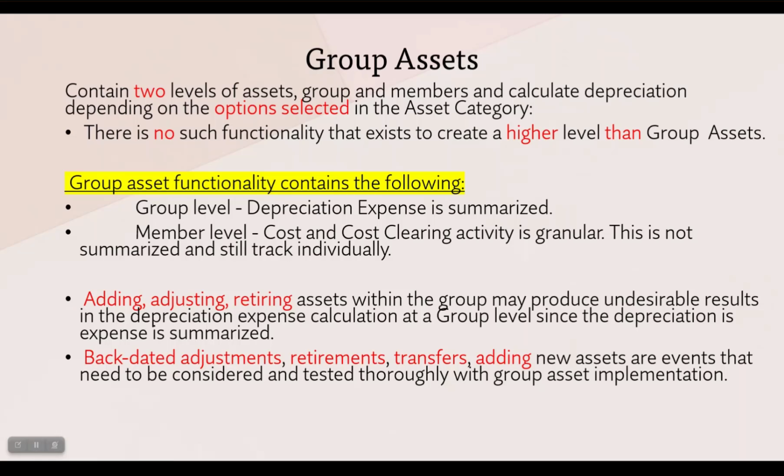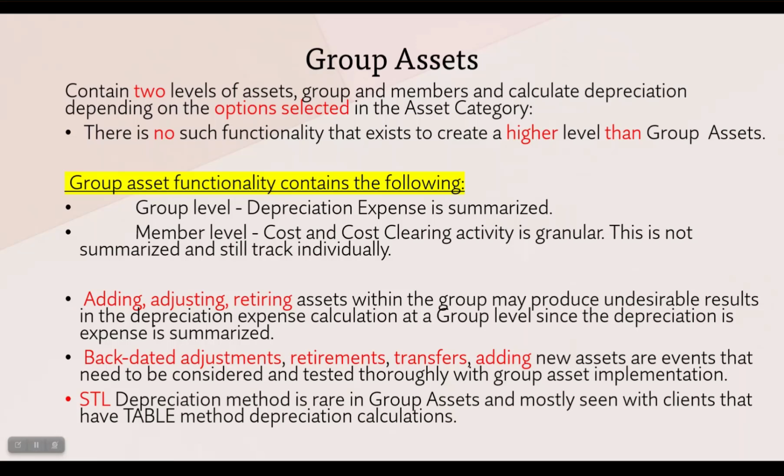In some cases, you may find undesirable results during your new addition, adjustment, or retirement of assets. So you have to take care of this. You have to test it very well in a testing instance before doing the same in production.